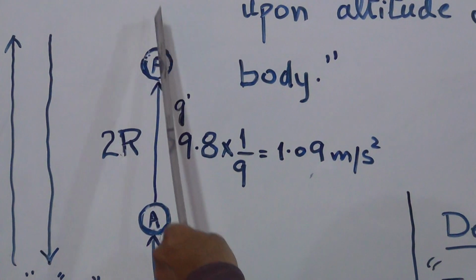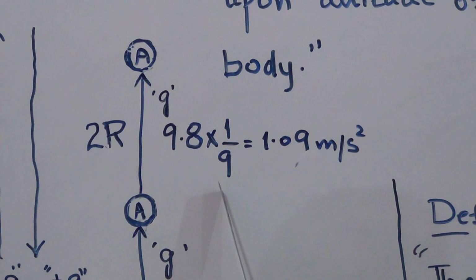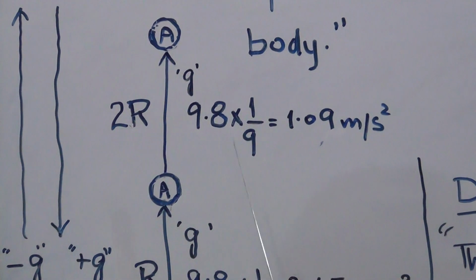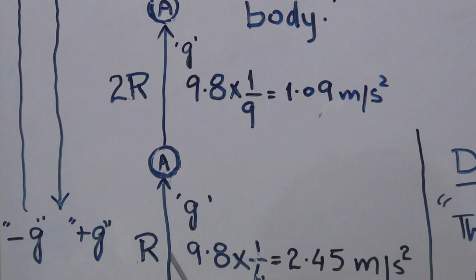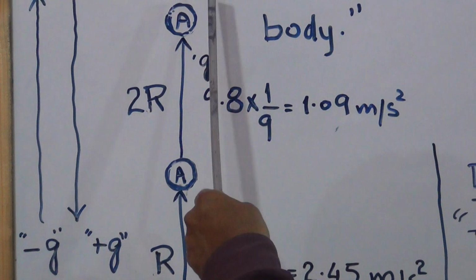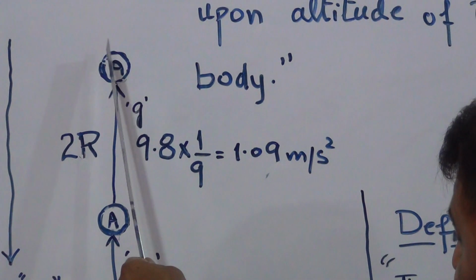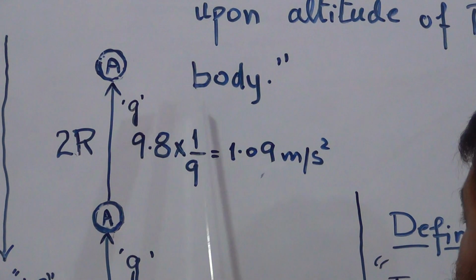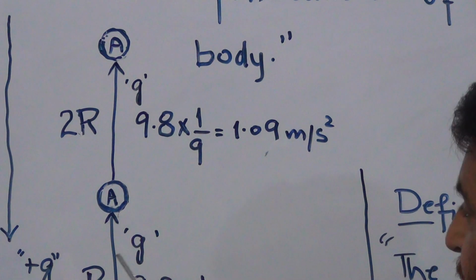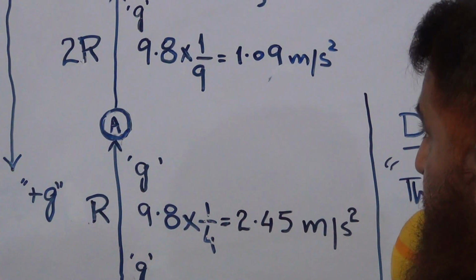When you raise it more, the value of g will become 0 and weight will also become 0. Therefore, when bodies are in space, their weight is 0. So those are weightless because the value of g is 0, because w is equal to mg and g is directly proportional to the weight of the body.